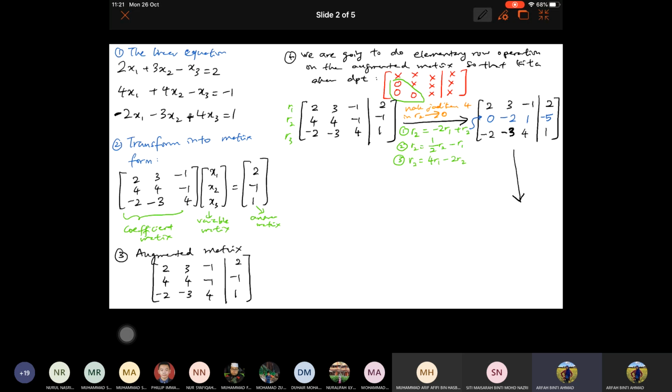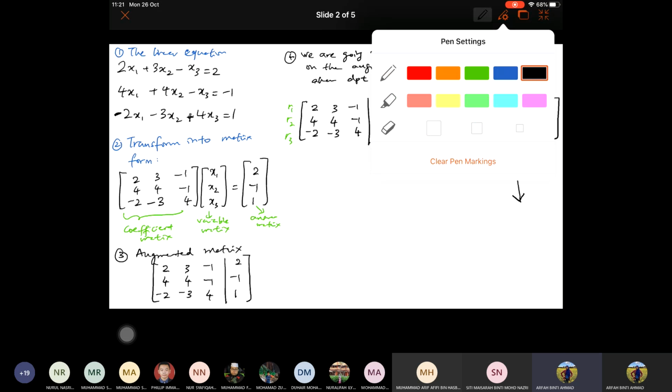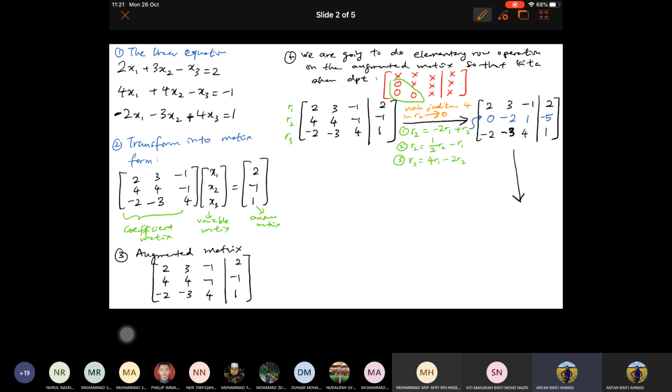So the next one, kita nak jadikan negatif 2 in R2 sebagai kosong. Nak jadikan negatif 2 in R3 to become 0.